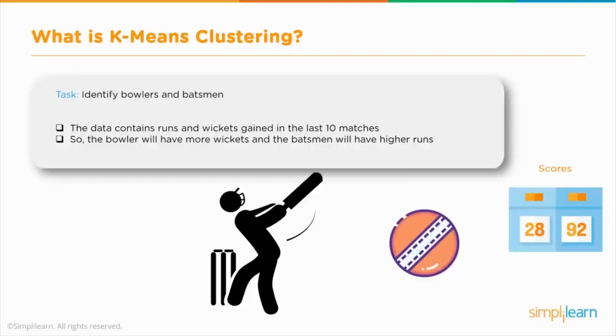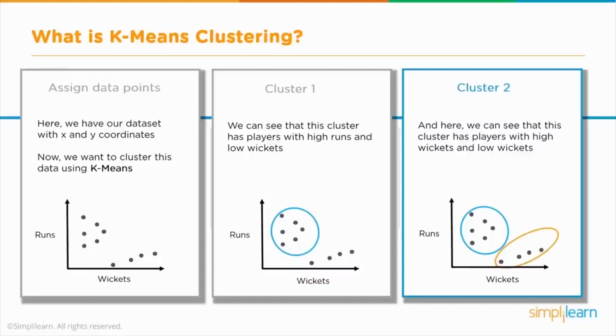So how does this work? Let's say this is how the data is. So there is information on the y-axis about the runs scored, and on the x-axis about the wickets taken by the players. So if we do a quick plot, this is how it would look. And when we do the clustering, we need to have the clusters like shown in the third diagram out here.